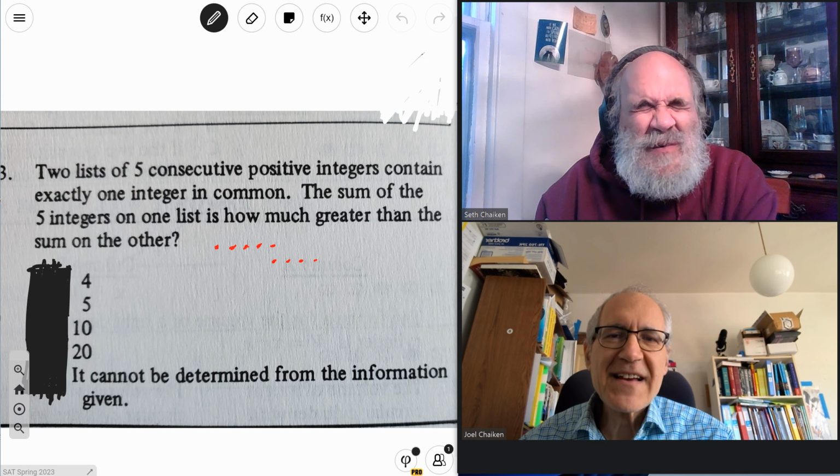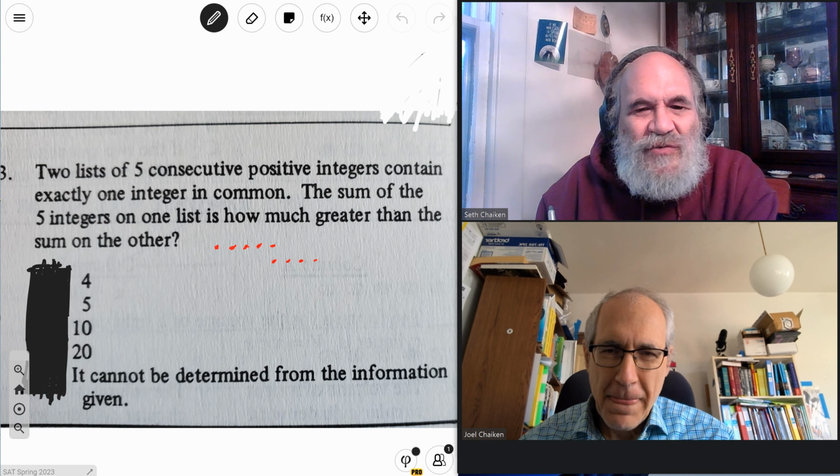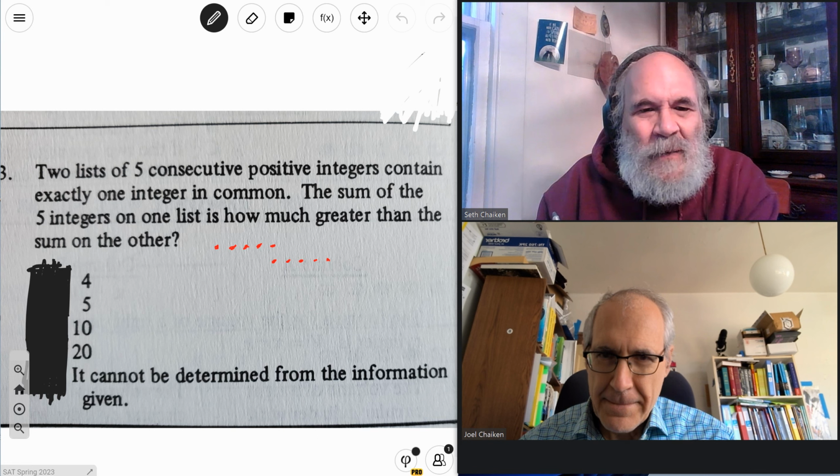You have to make that second list 5, by the way. You only have 4. Okay. So this looks like an algebra problem. So what I'm going to do is let the first integer be a.